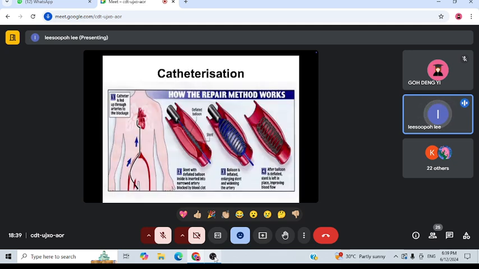Okay, so how does the catheterization work? Usually they will puncture the femoral artery, they put in the wire all the way to the heart, and then the small wires go into the coronary vessels. They find out where is the thrombus formation. They will pass through the guide wire, and then they will expand the balloon to thin out or unclog the coronary vessels, followed by a stenting to keep the coronary artery patent.